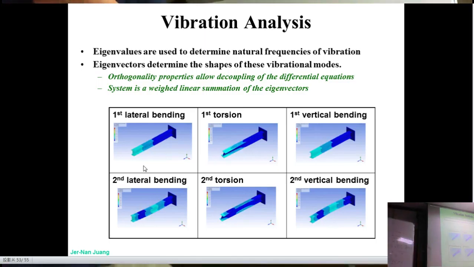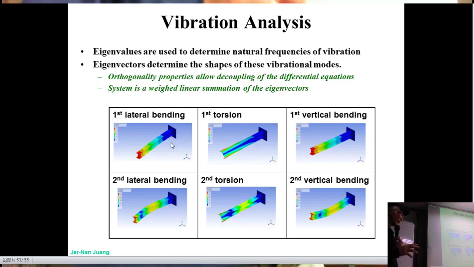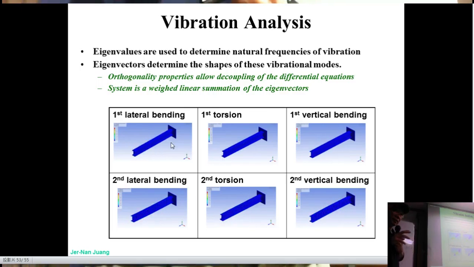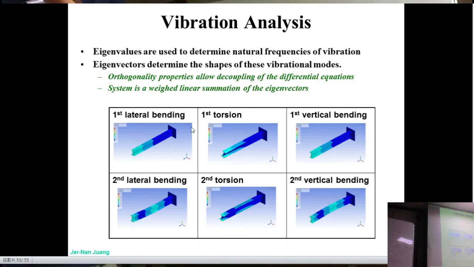NASA engineers really prefer to look at 3D animations of these kinds of motions, so they can feel the structure is really stable, or the structure may be in danger if you have this kind of mode shape come out. So anyway, I just showed you all kinds of different mode shapes, and these are the mode shapes we are talking about.